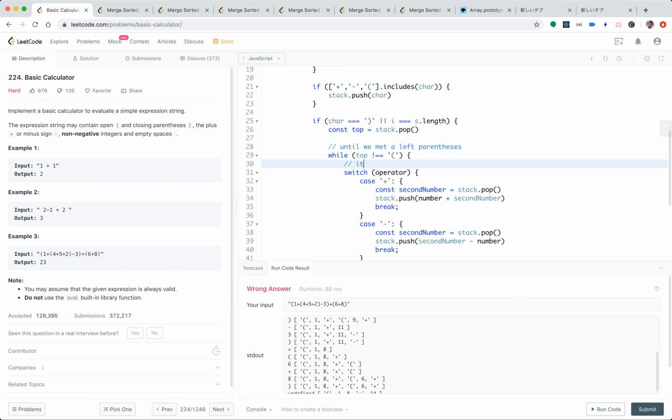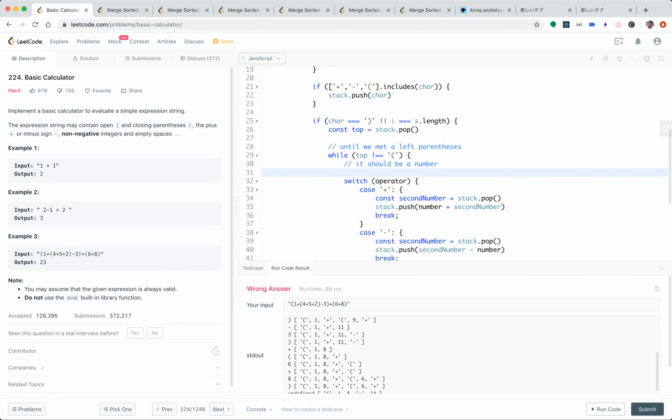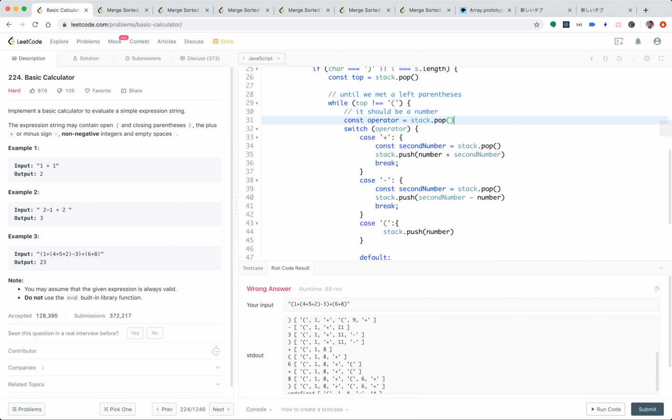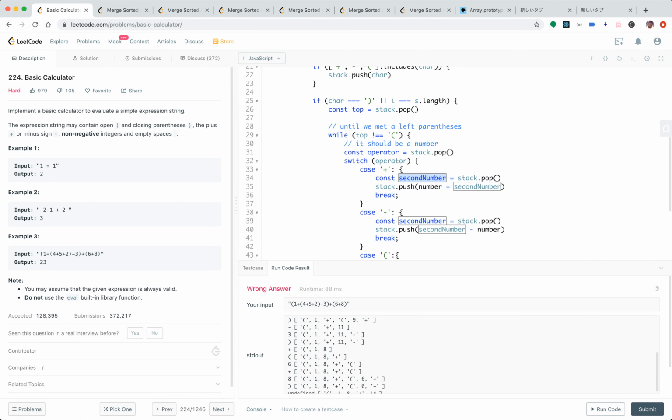It should be a number. Const operator should be stack pop. Switch operator, the second number should be pop again, yeah, push top.